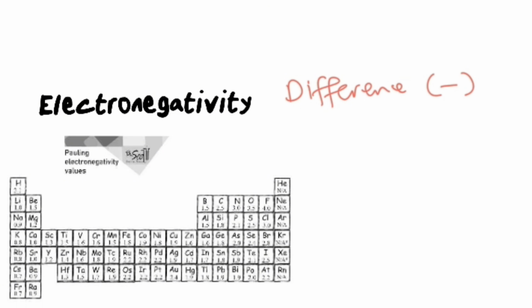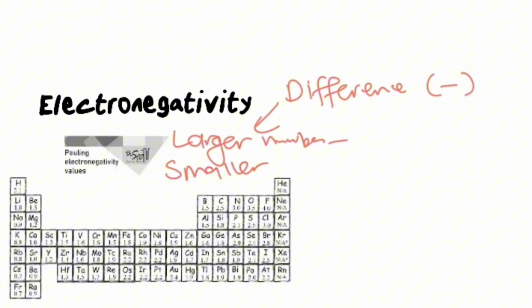In calculating the electronegativity difference, I have to use the larger number minus the smaller number. This is to avoid getting a negative answer. It does not mean that because the name is electronegativity, the answer should be negative. You should be getting a positive answer.